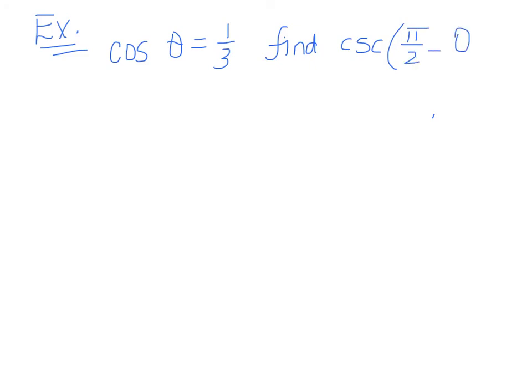And then the last practice problem says if theta is an acute angle and cosine theta equals 1/3, find cosecant of pi over 2 minus theta.